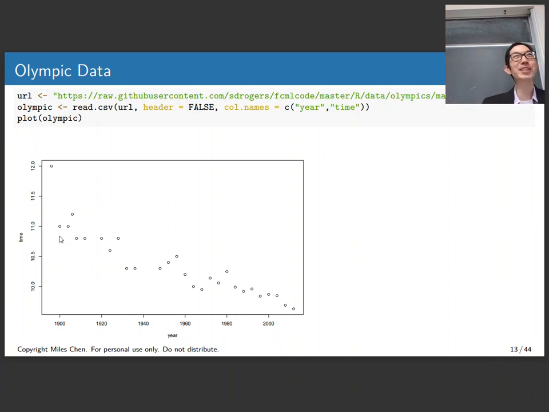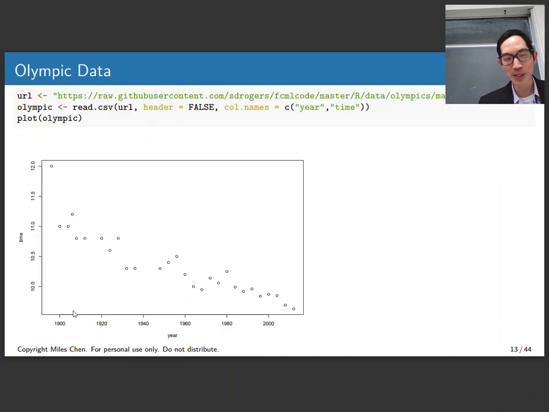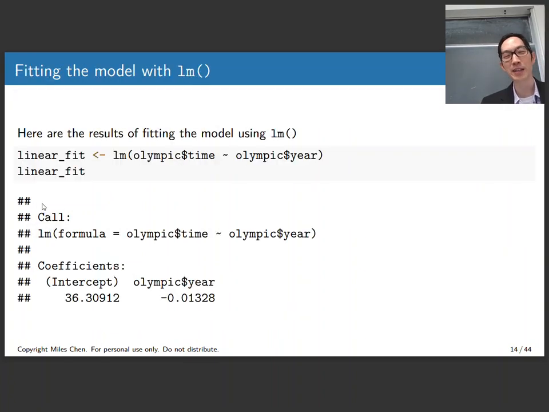Did they have the Olympics back then? Maybe. The Olympics was an ancient Greek thing, and I don't know if that was around in the year zero. Maybe before then. We're saying we predict 36, but obviously this is a terrible prediction because this linear trend is not going to continue 2,000 years back.